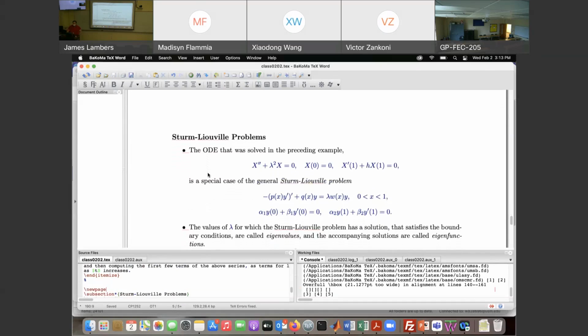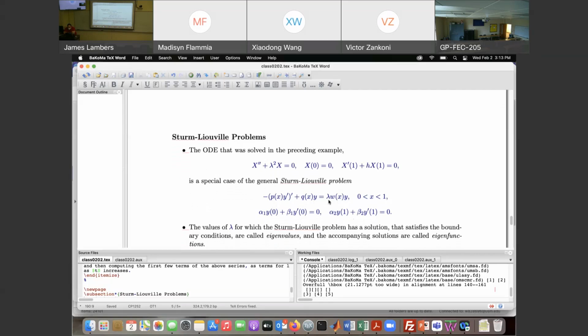Now, some terminology for you. This problem can only be solved for certain values of lambda. The ODE has infinitely many solutions, but the boundary conditions narrow down to a discrete set of solutions.